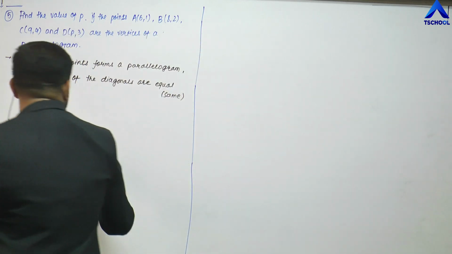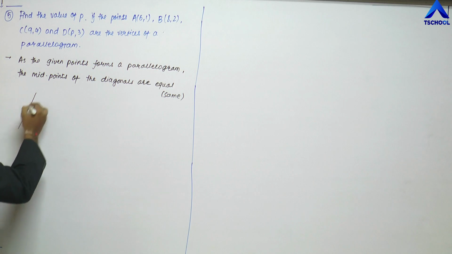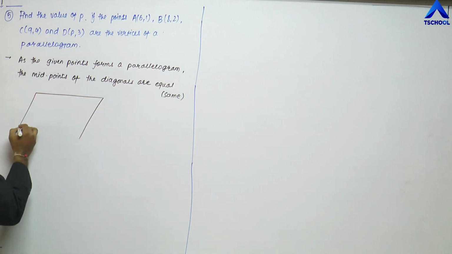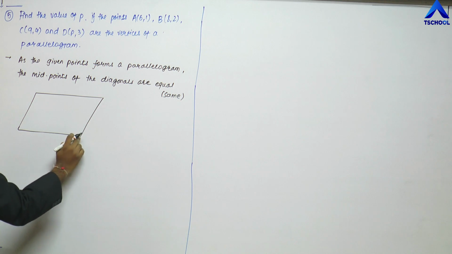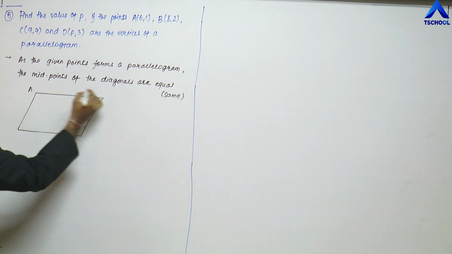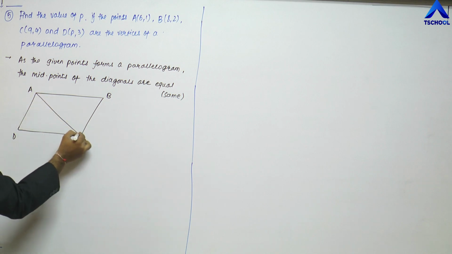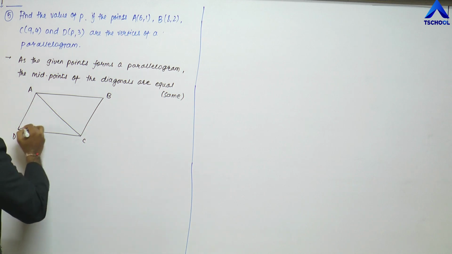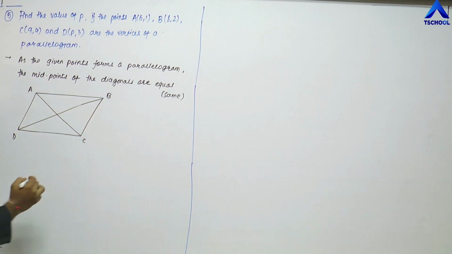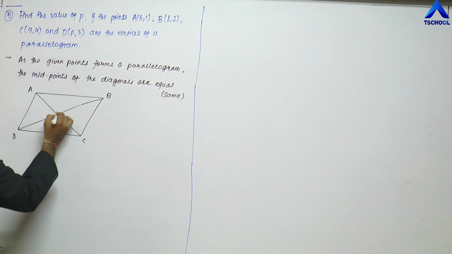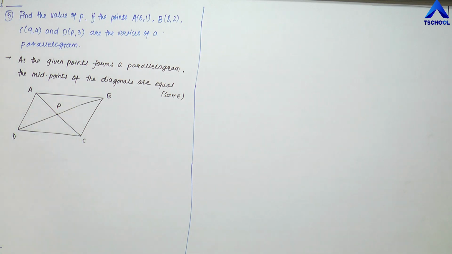Suppose I draw a parallelogram here, like this, with the vertices A, B, C, D. Then, friends, the diagonal AC and the diagonal BD will be drawn like this. Let us say that they both intersect each other at point P. Then we can say that the coordinates of P is the midpoint of AC and also the midpoint of BD.